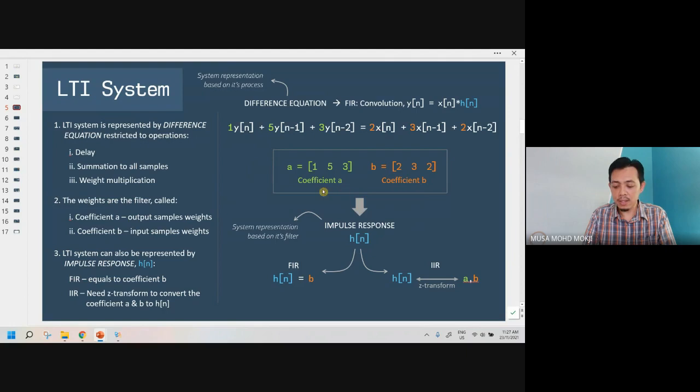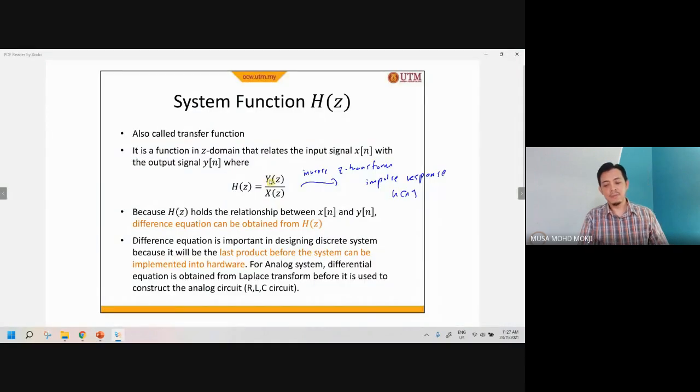What we see is just the coefficients, and we have two vectors, not represented by one thing. So if we want to do something in the time domain, this is not really easy. But in the Z domain, the relationship becomes easier to manipulate.